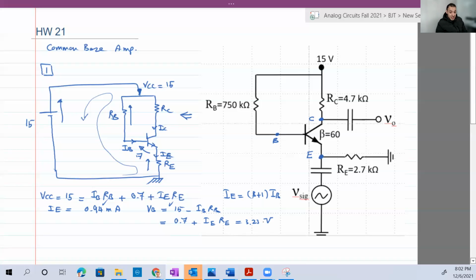If we need to calculate VC to be sure that we are really working in the active region, VC is equal to VCC minus ICRC. This is VC here, and this is the 15 or VCC.